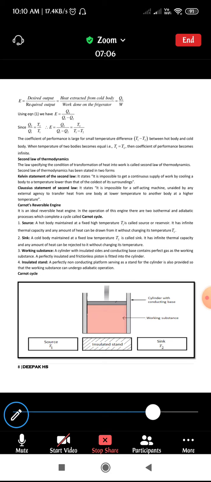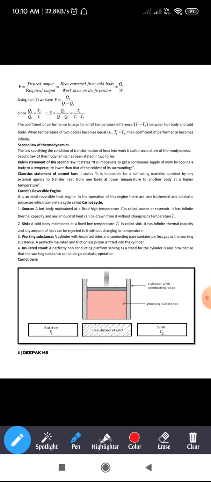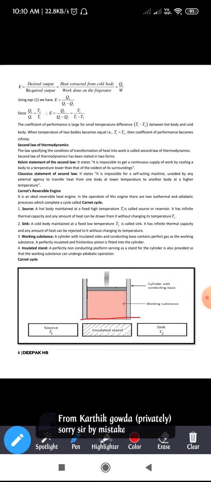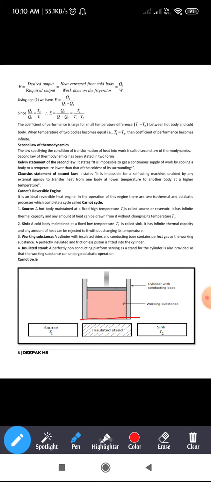The base of the cylinder is perfectly conducting, and the piston and the sides of the cylinder are perfectly insulated. Only the base of the cylinder is conducting.